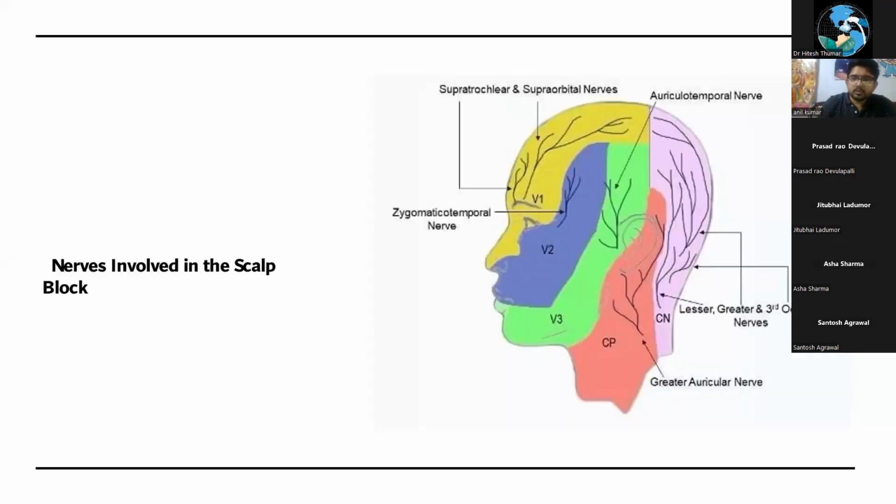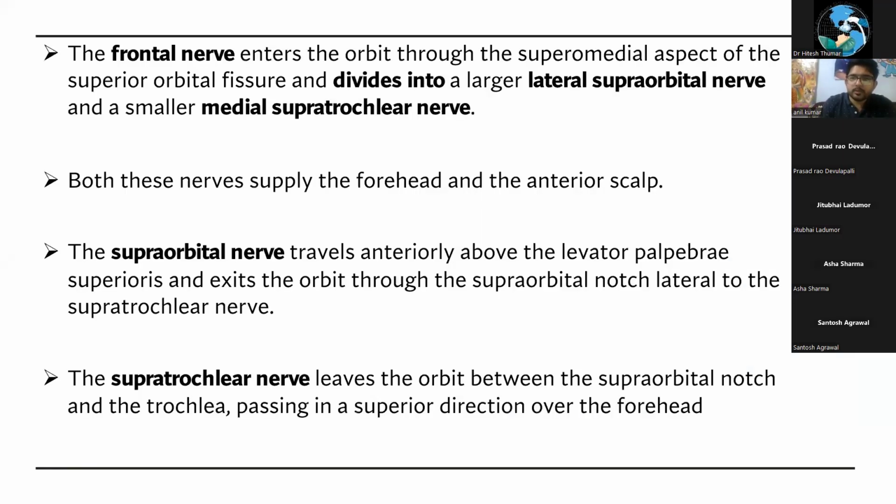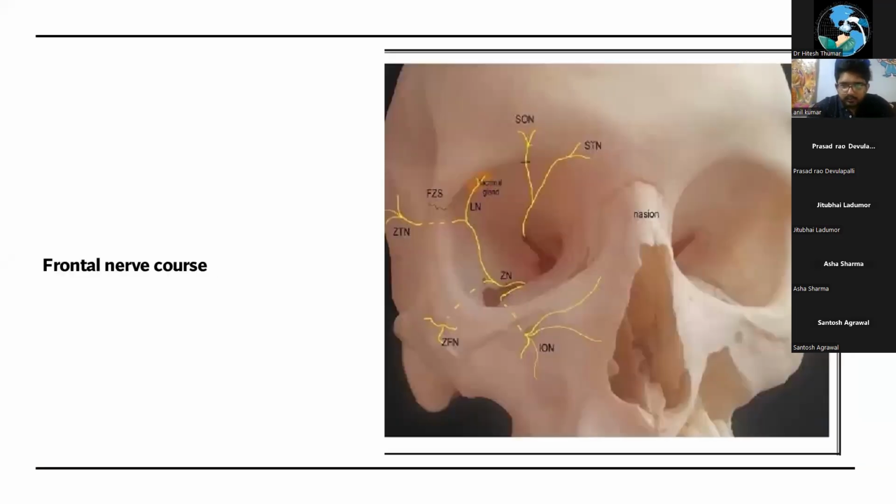So coming to the supratrochlear and supraorbital nerves. These arise from the frontal nerve, which is a branch of the ophthalmic nerve, and comes through the orbit. If you are able to see the video, here the frontal nerve arises from the superior orbital fissure, comes into the orbit, and divides into the lateral supraorbital nerve and the medial supratrochlear nerve.